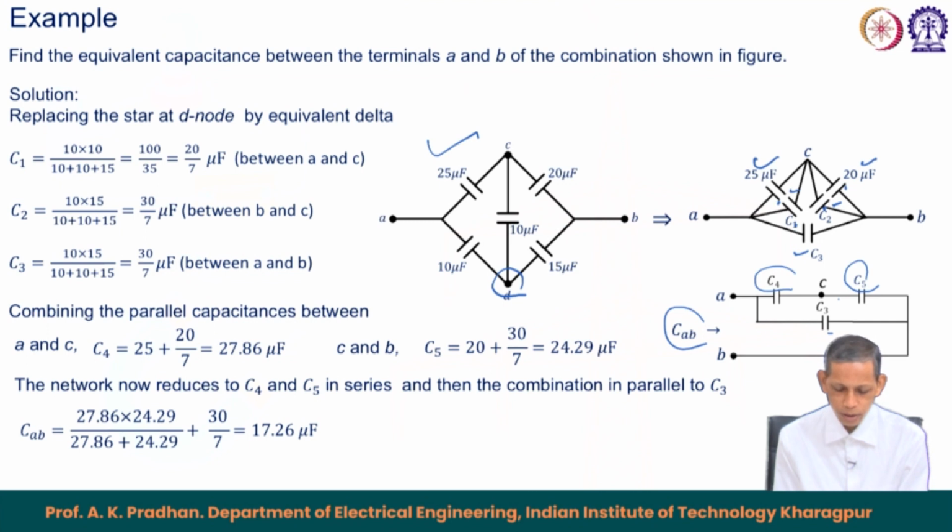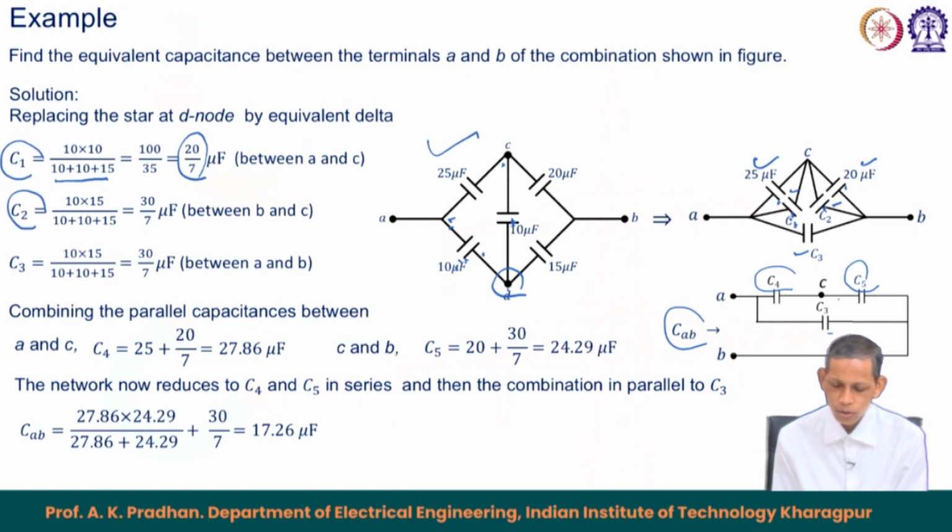So, C1 will now be between A and C. This will be 10, 10 and 10, because we are going for the star to delta conversion: 10 into 10 divided by the sum of the star capacitances, so that becomes 20/7.